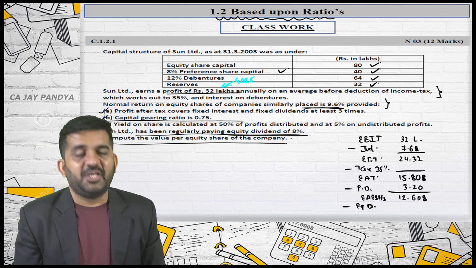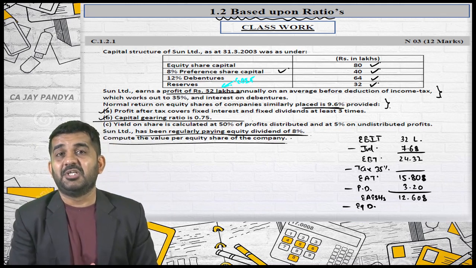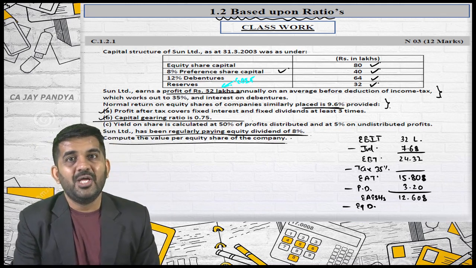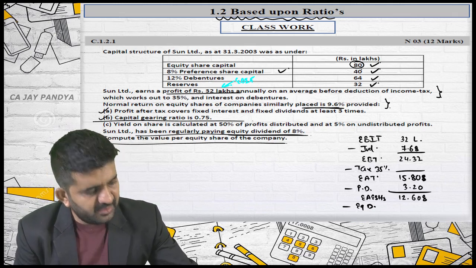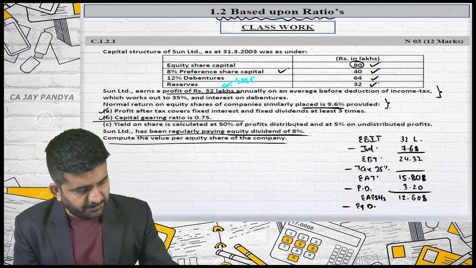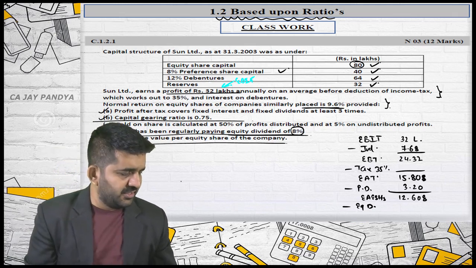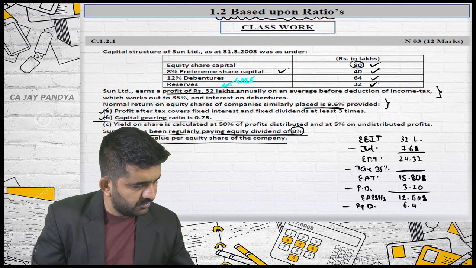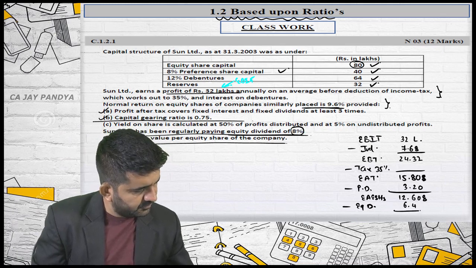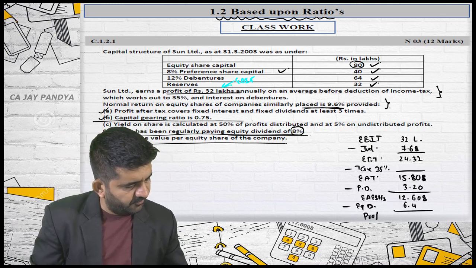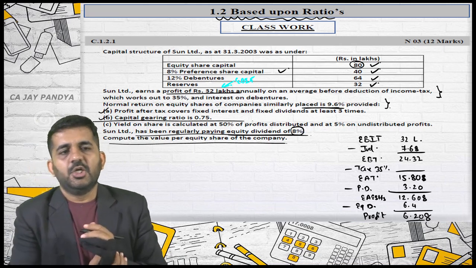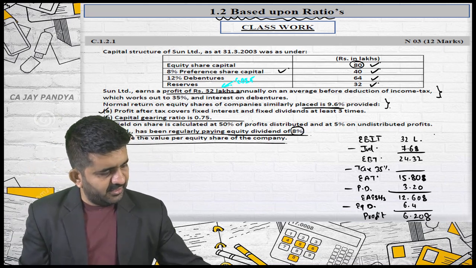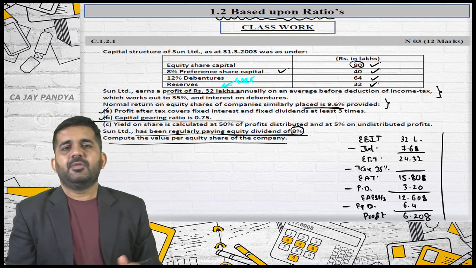Regularly paying equity dividend of 8%. Is it dividend payout ratio? No. It is dividend ratio. So on face value 80 lakhs, it is paying 8%. That is 6.4. And your profit will be 6.208. Is it alright? So this is nothing but our income statement.